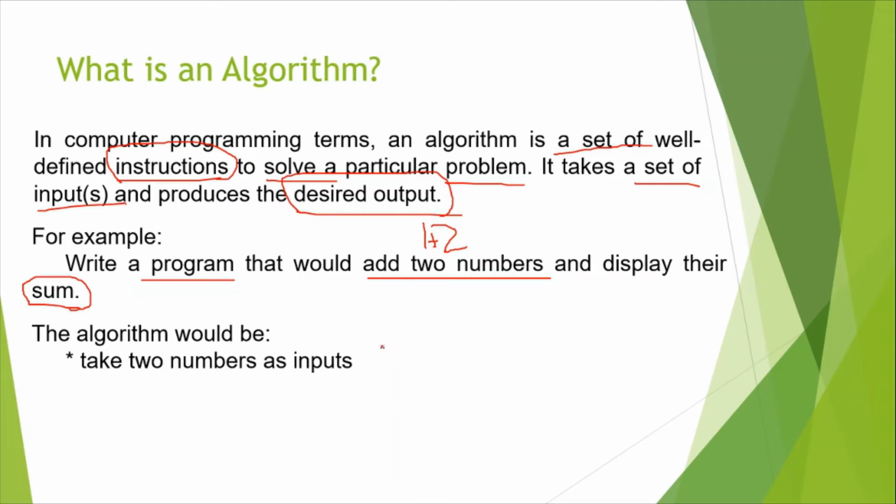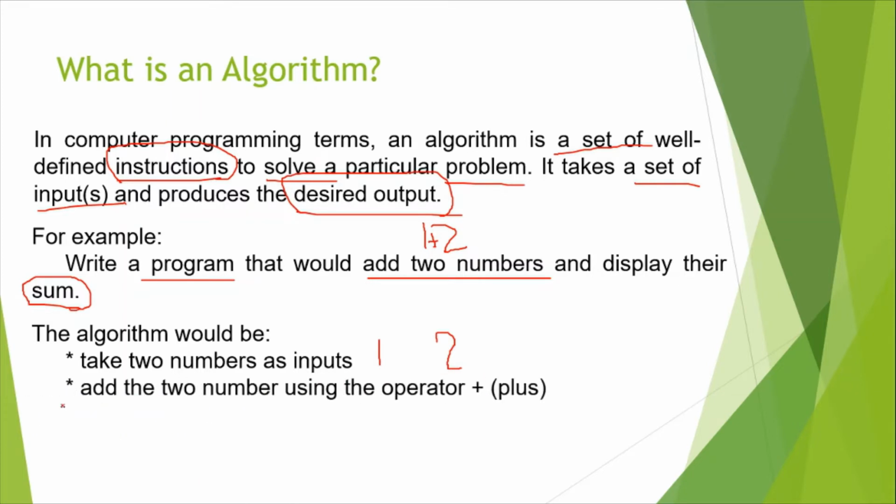That's basically the very first thing that you need to do. For example, the inputs are 1 and 2. These are the two numbers. Then, add the two numbers using the operator plus, and this is the one understood by our computer system. Next, the sum of the two numbers will be displayed.